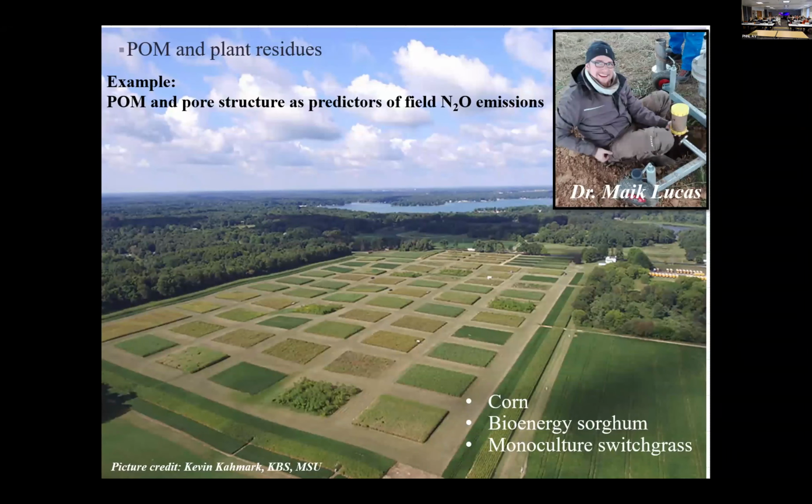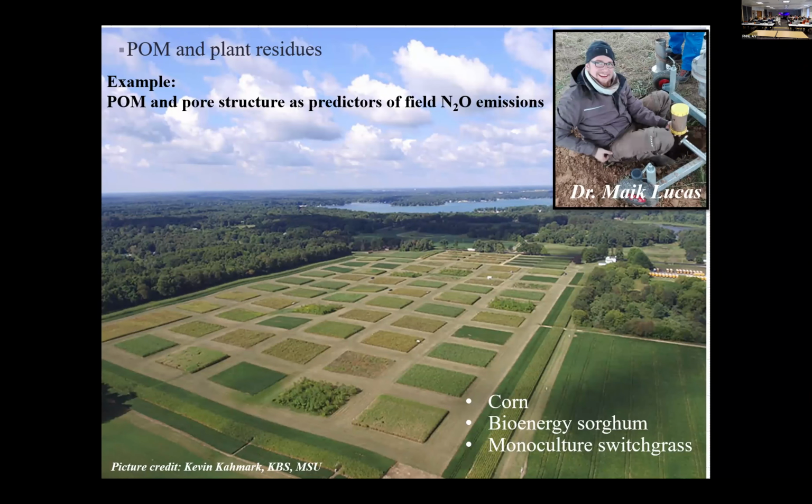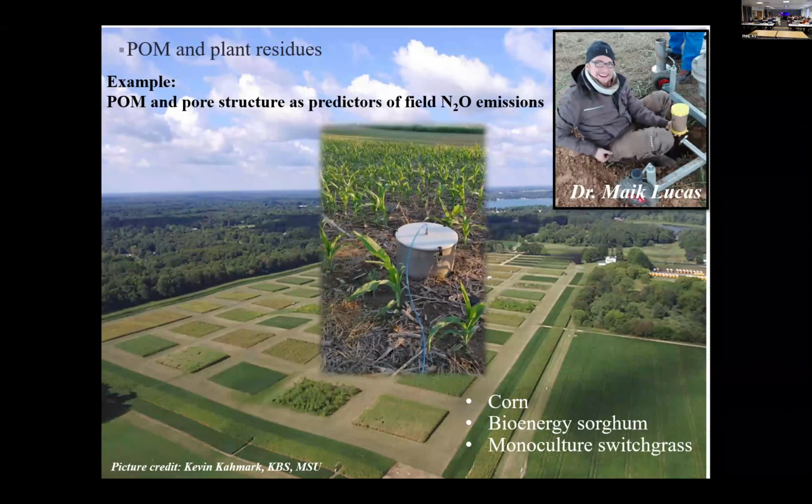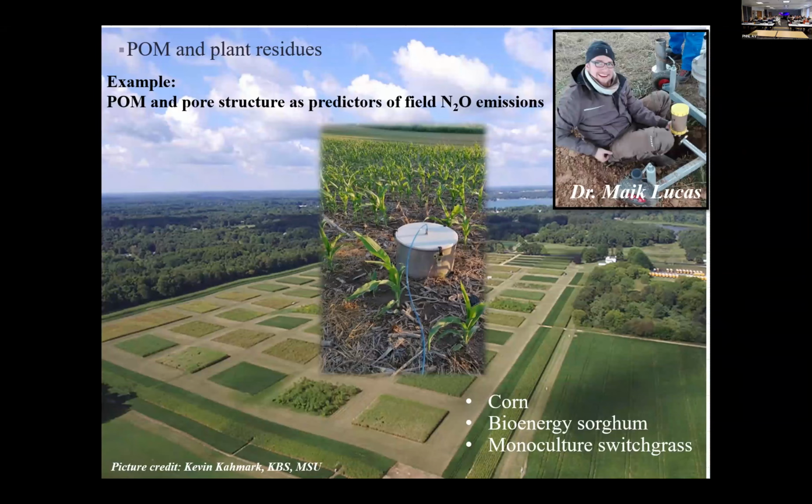So my last example is, again, Mike's work. In this study, it's particulate organic matter and pores that he combined to predict field emissions of nitrous oxide. He worked with this replicated site, specifically with these three corn, sorghum, and switchgrass systems.